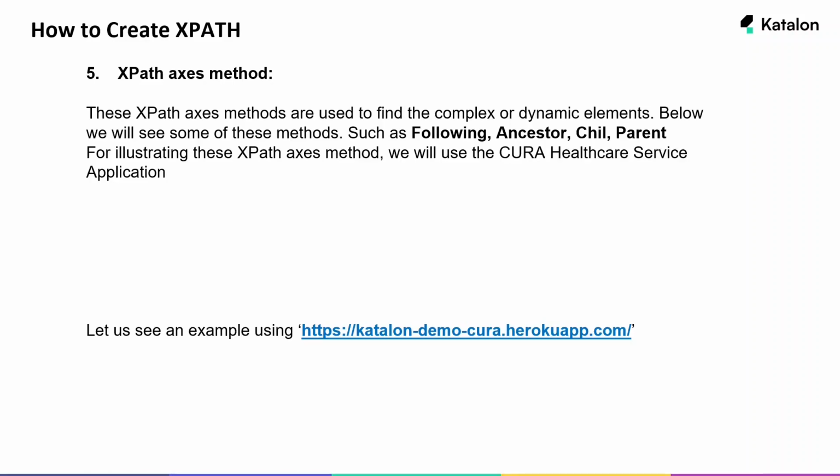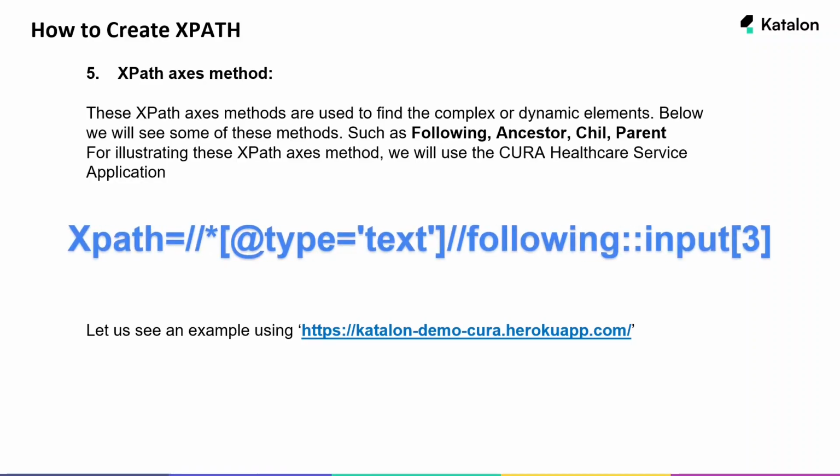So these are all the different methods. For illustrating these XPaths, again, we are going to use the same CURA Healthcare Services application. So what is the syntax? Again, your double forward slashes, tag name, and you define your attribute equal to attribute value. But here again, we are going to add a double forward slash.